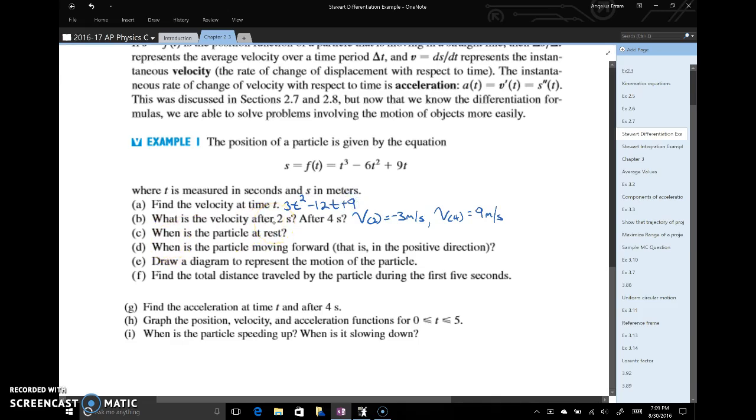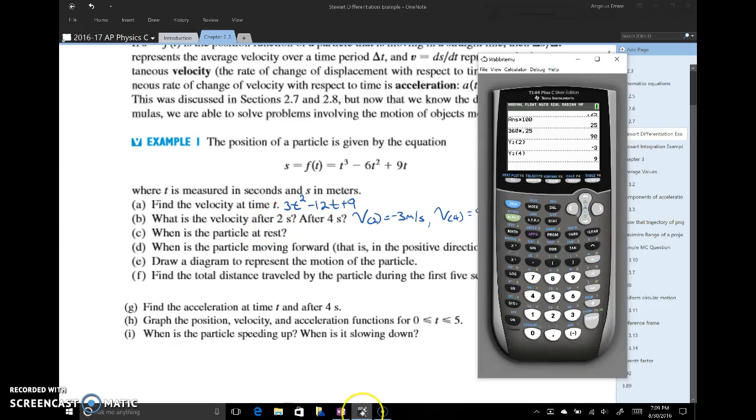When is the particle at rest? Well, it's at rest whenever the velocity is 0, so we can try to figure out when the velocity is 0. There's two ways we can do this. We can factor this, or we could use a graphing calculator. Since I've already got it graphed, we're going to go with that. Now, our velocity function was in red, and anytime our velocity function has a 0, that's where we're at rest.